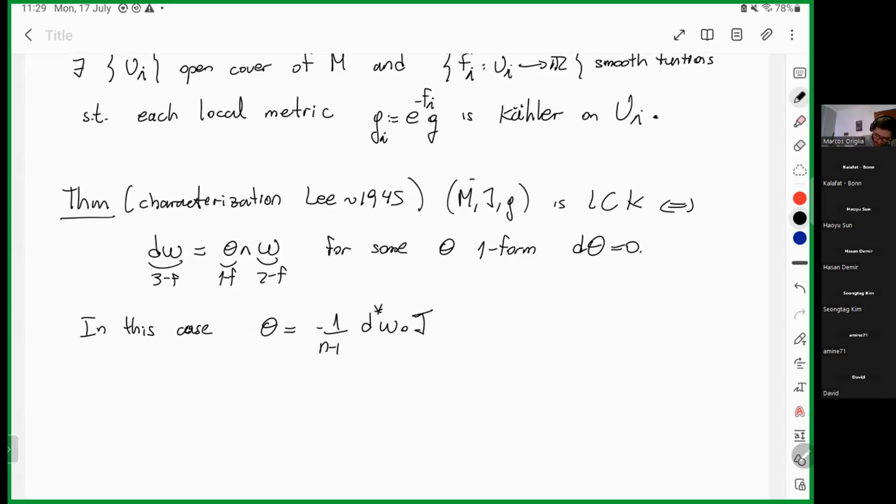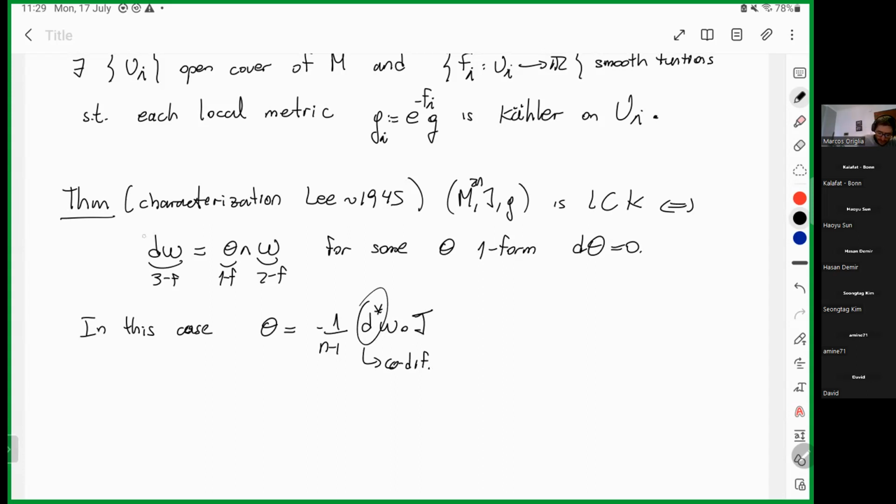Here 2n is the dimension of the manifold. So theta is defined by minus 1 over n minus 1, and this d star is the codifferential operator. Omega is the 2 form, and J is the complex structure.